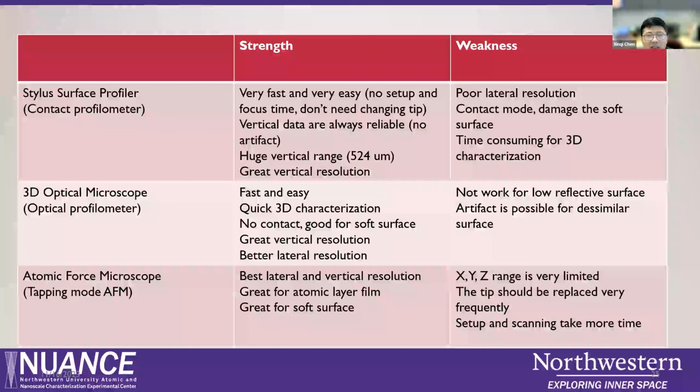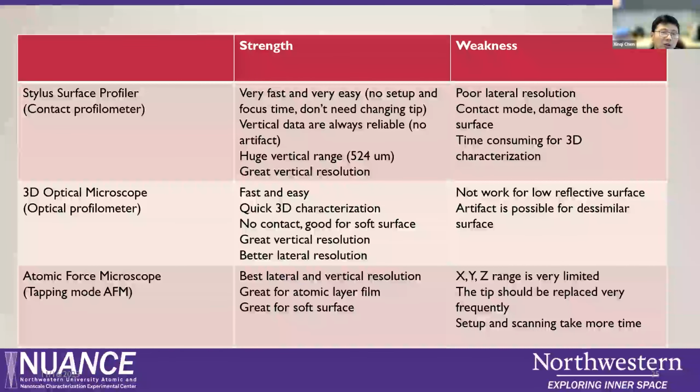Okay, so next I will summarize these 3 different methods. Stylus profilometer is very fast, very easy, with no setup or focus time, and you don't need to change the tip. You just quickly put your sample in, and in a few minutes you can get the height information.